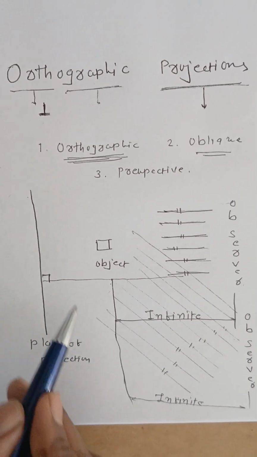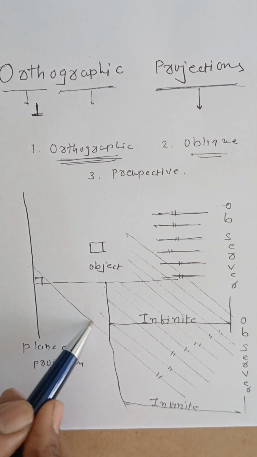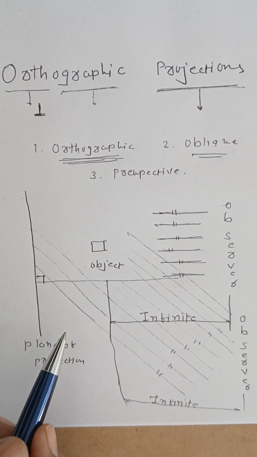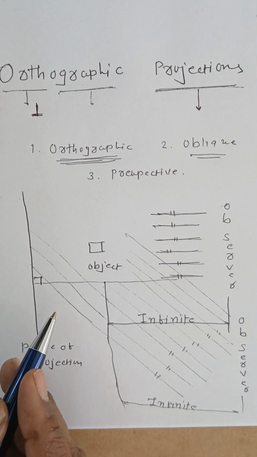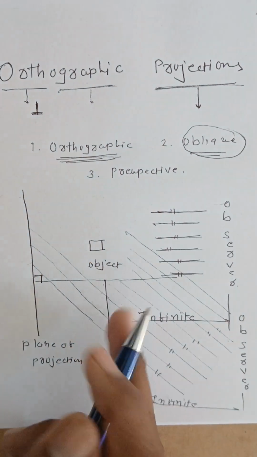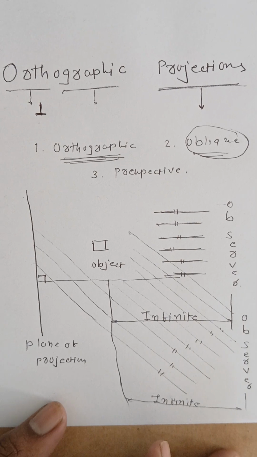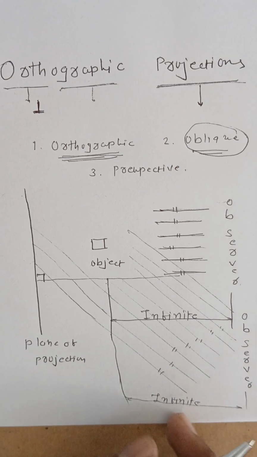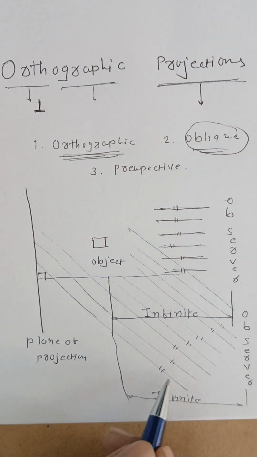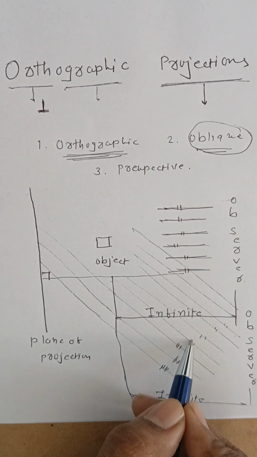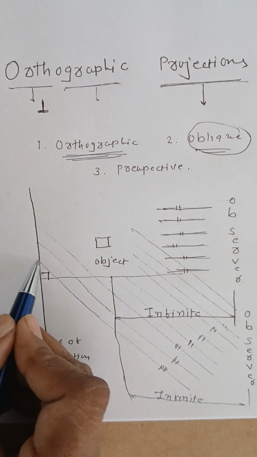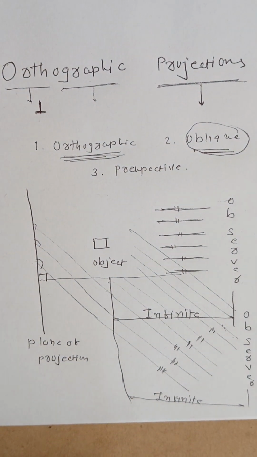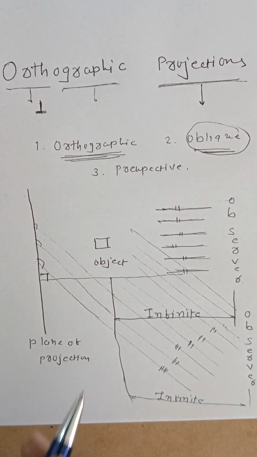But the third condition, what is the inclination made by the rays with the plane of projection? It is not perpendicular. Am I right? So the third condition is varied in oblique projection. The remaining two conditions remain as they are. Number one, distance between object and observer is infinite. Number two, rays from the observer are parallel to each other, but they are not perpendicular to the plane of projection. Hence it is known as oblique projection, right?